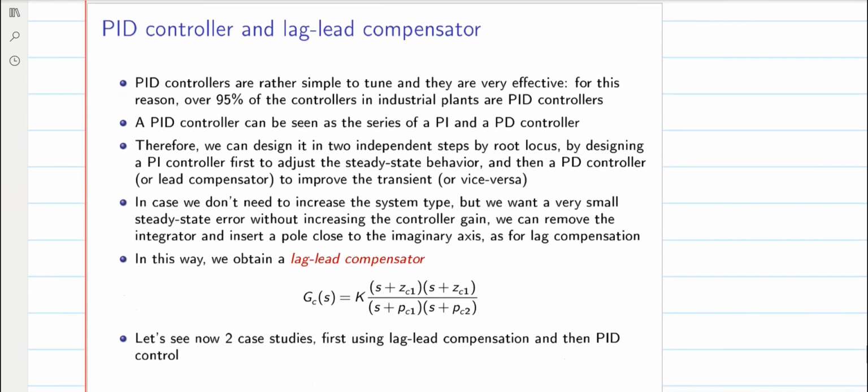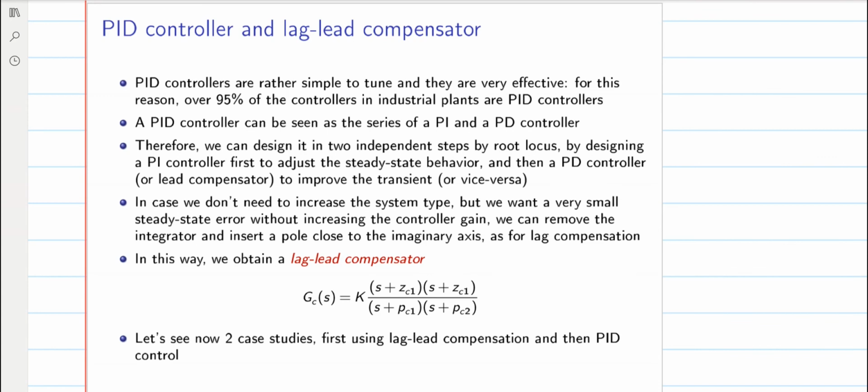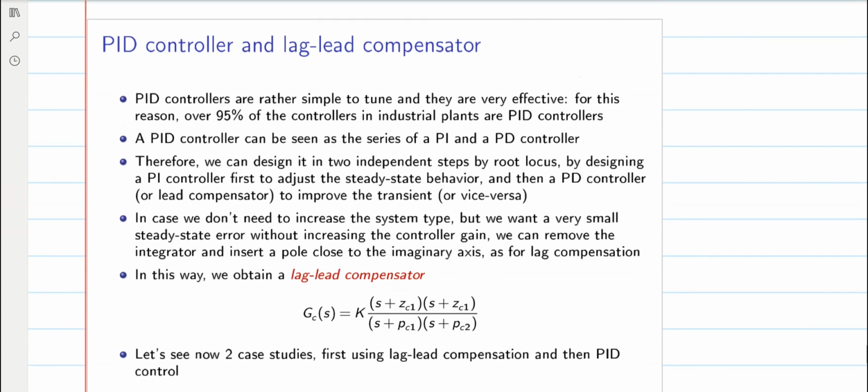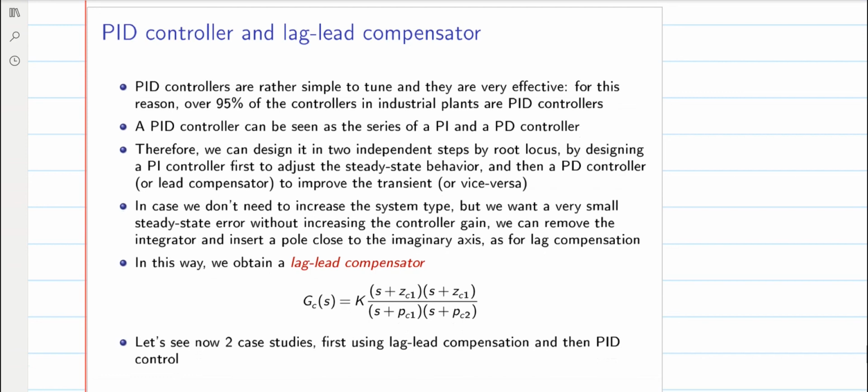PID controllers are quite simple to tune compared to the other available controllers in the industry. They are quite popular because they are rather simple to tune and they are very effective. For this reason, the majority of the controllers in industrial plants are PID controllers.